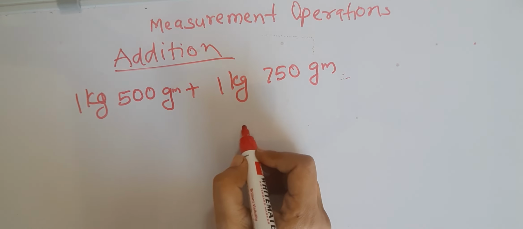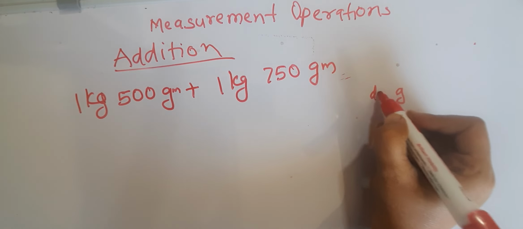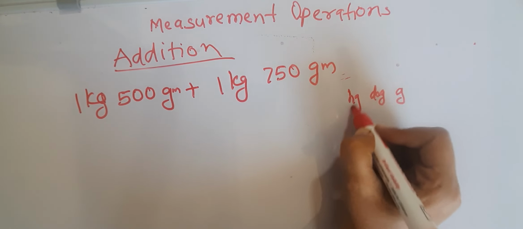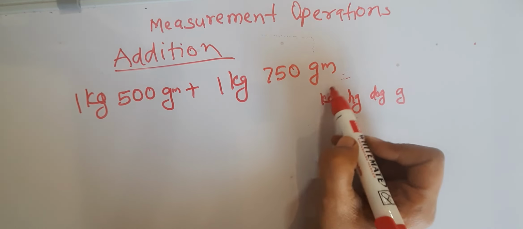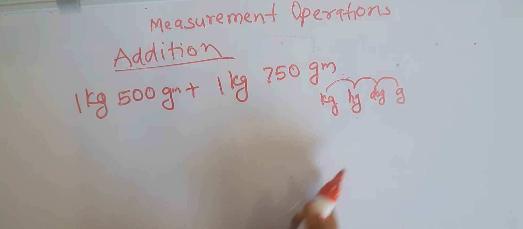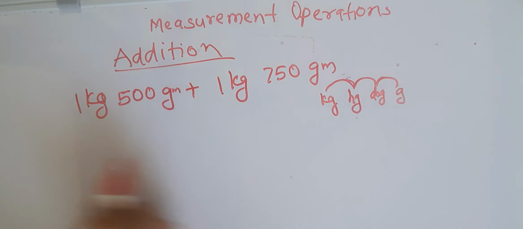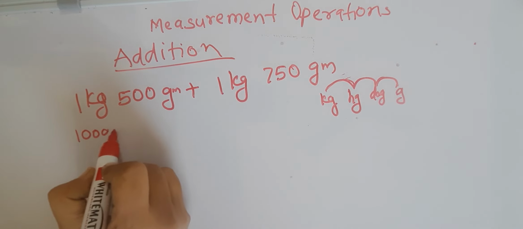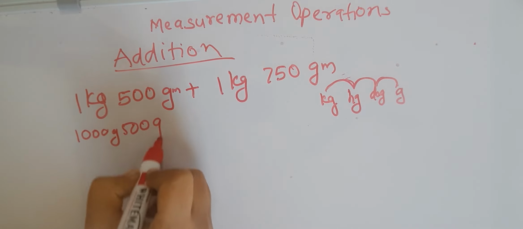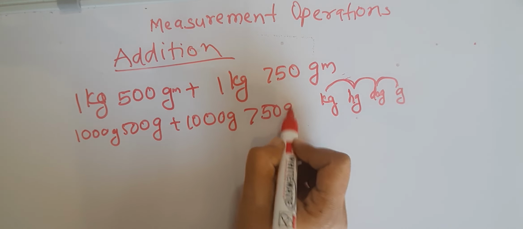For mass, we know we have gram, decagram, hectagram and kilogram, and we have to convert kilogram to gram. That is, we are going from a bigger unit to a smaller unit, so we'll do multiplication, and by how much? 10, 100, 1000. So it is 1000 gram 500 gram plus 1000 gram 750 gram.